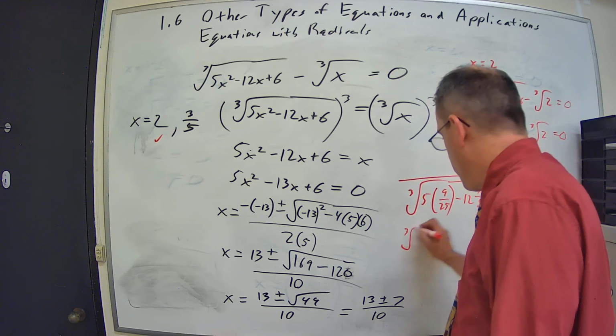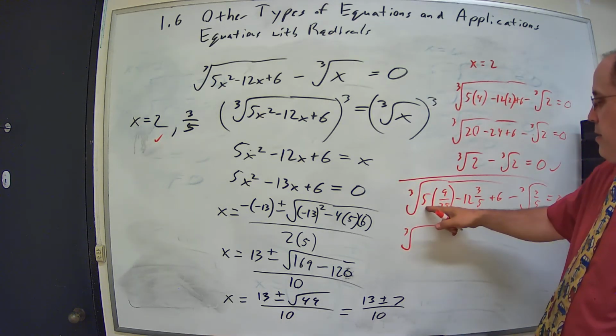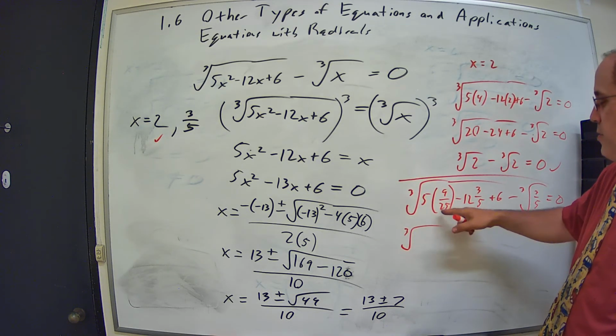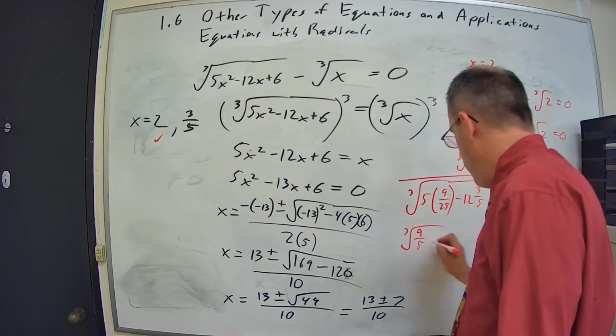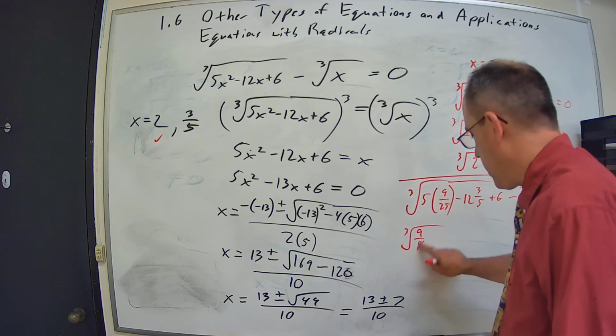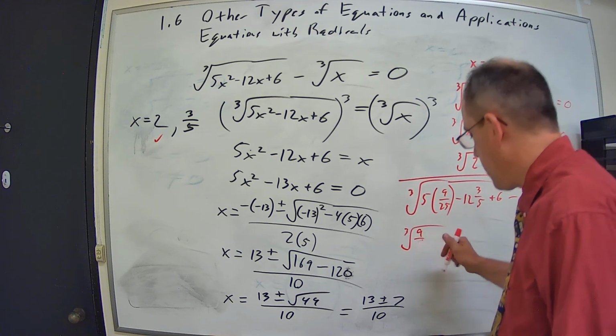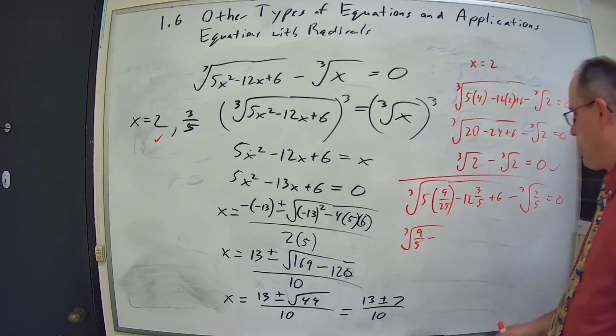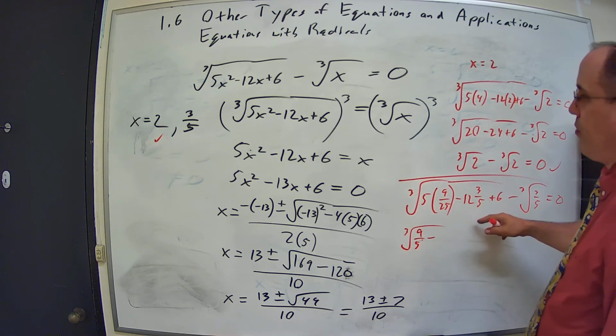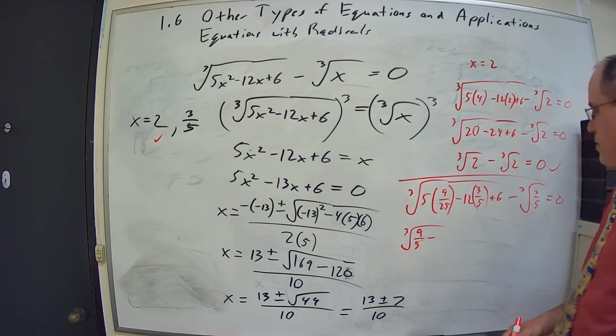So we have the cubed root of, well, 5 divided by 25, so we get 5 in the denominator, so we have 9/5. So 9/5 minus, that was 12 times 3/5. Let's put parentheses there so it shows up better.